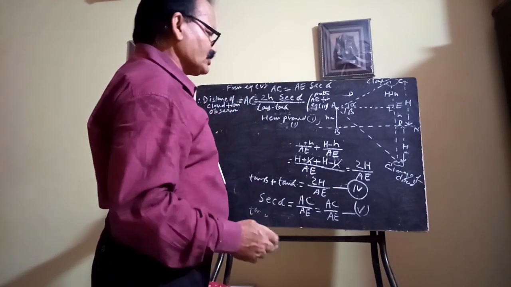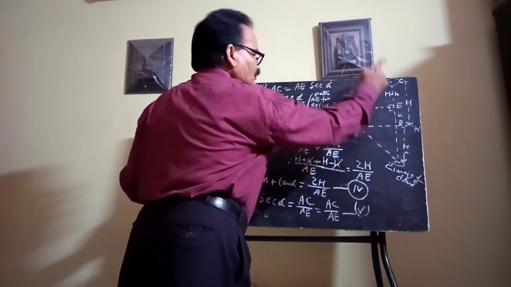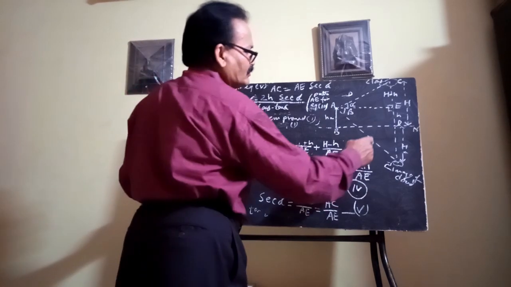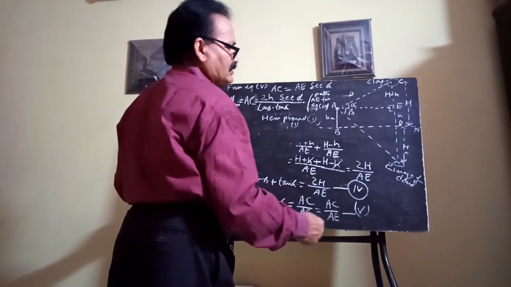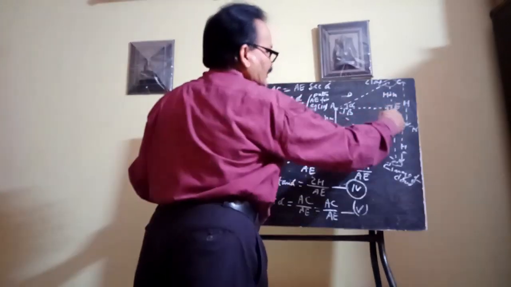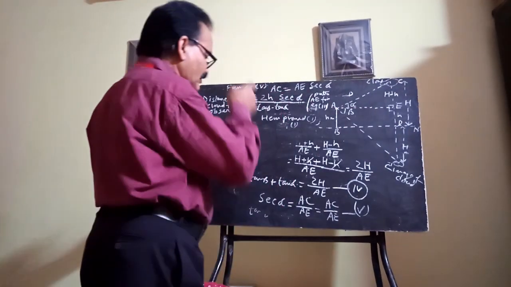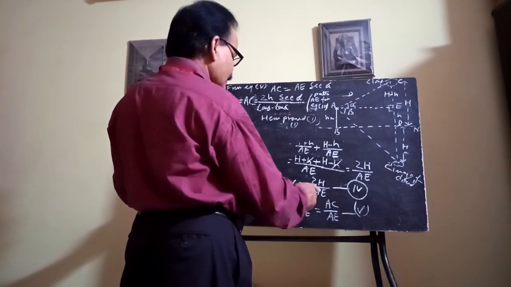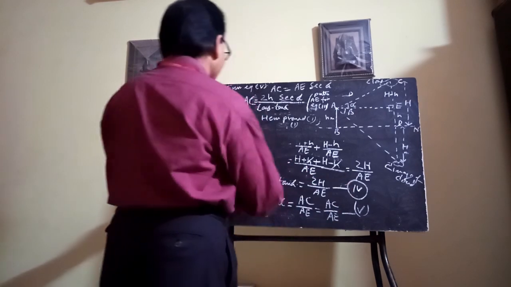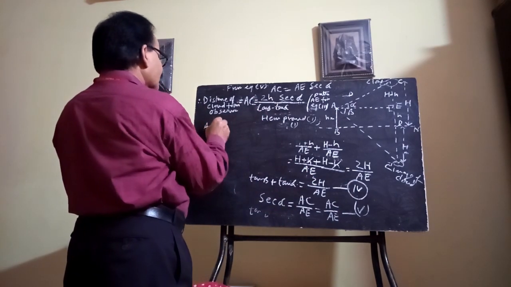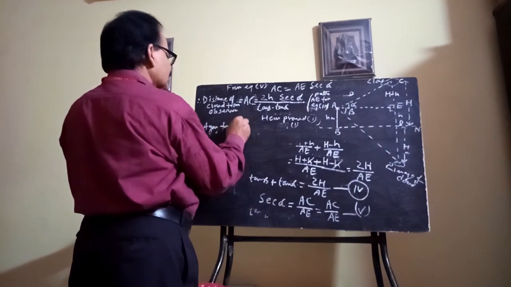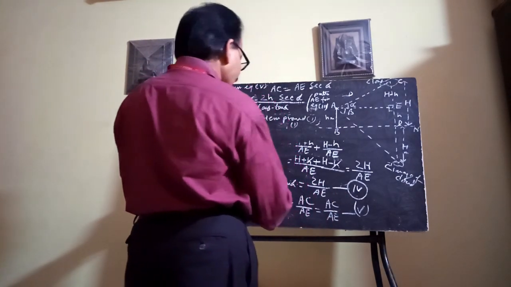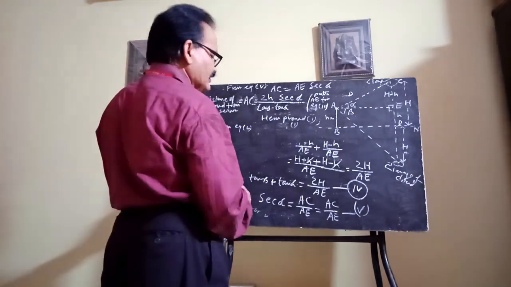So your first question was to prove the distance of the cloud from the eye of the observer. Now the second part of this question is to find the height of the cloud above the lake. Your lake surface is MN, so the height of the cloud, capital H, you have to find out. For that you use equation 4. You see equation 4: tan beta plus tan alpha equals 2h by AE.